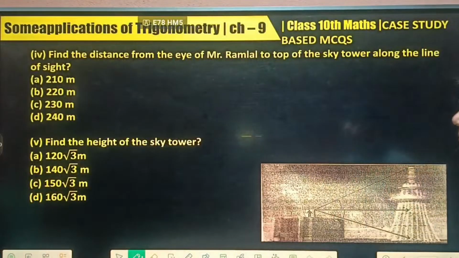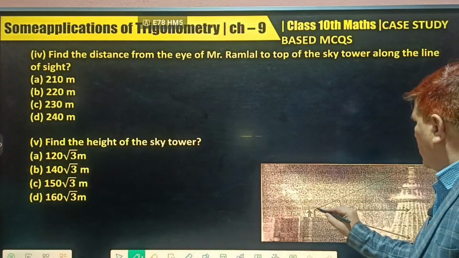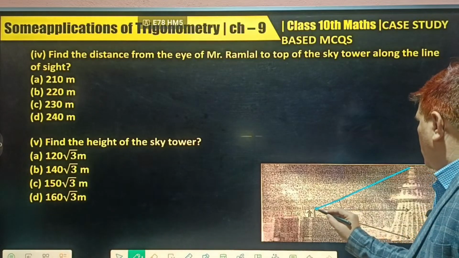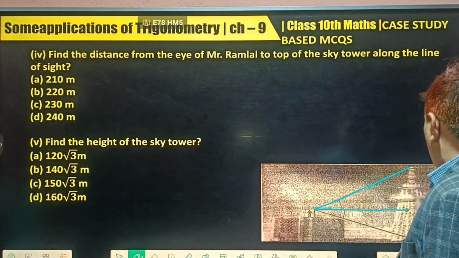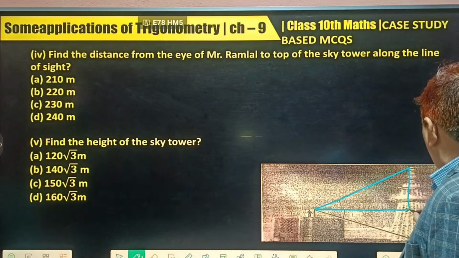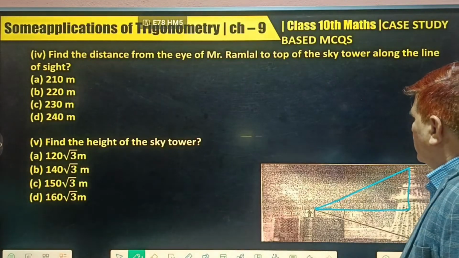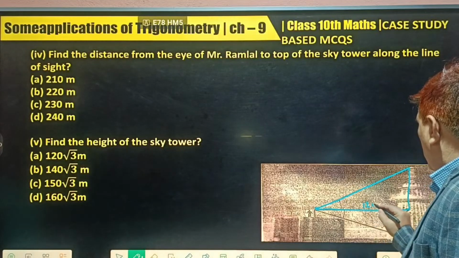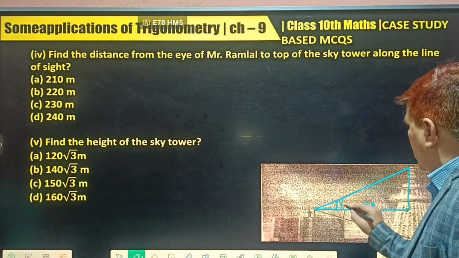Next. Find the distance from the eye of Mr. Ramlal to the top of the sky. It means this we have to find out, from this to this. So this is 120. This angle is how much? 60 degree.